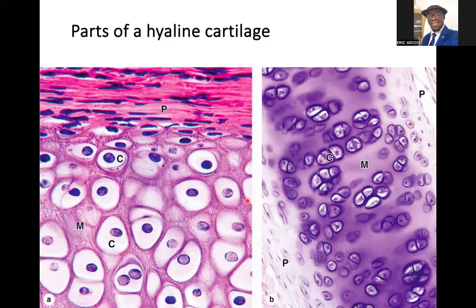So for a cartilage, basically for hyaline type, you have the outermost portion known as the perichondrium. Peri means covering or outermost, around. So it's actually surrounding.